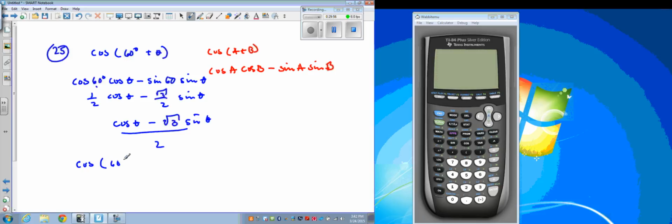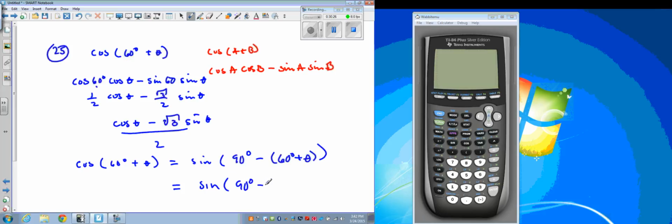Now you could do it this way, with the cofunction: 90 degrees minus the 60 degrees plus theta. Then it's a single function, this is a single one. This is 90 degrees minus 60 degrees minus theta.